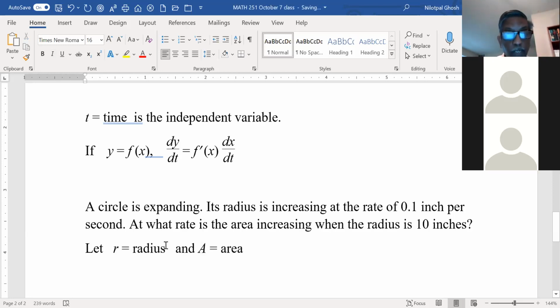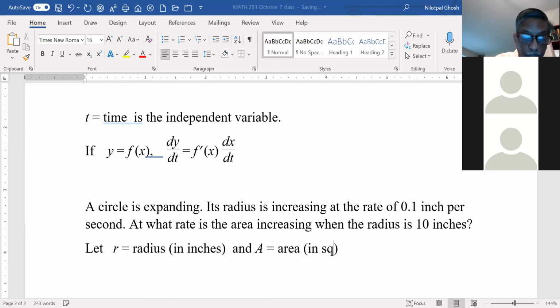Also, our radius is in inches, and you may like to define the unit also, in square inches. Let's write square inches in words, otherwise it's confusing.